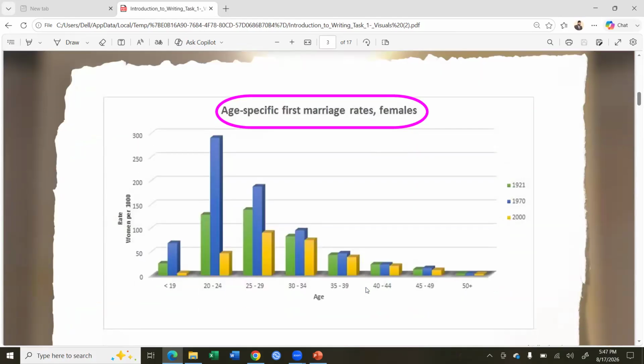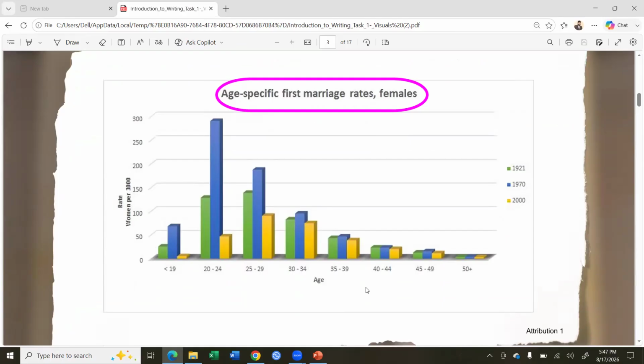So if you look here, this is a type of bar chart. As you can see here, we have these bars, right? On the x-axis, we have the age. On the y-axis, we have women per thousand, right? There is a number, the rate per thousand women. And then here is the data from 1921 to 2000, right?